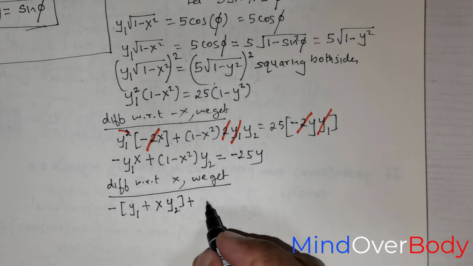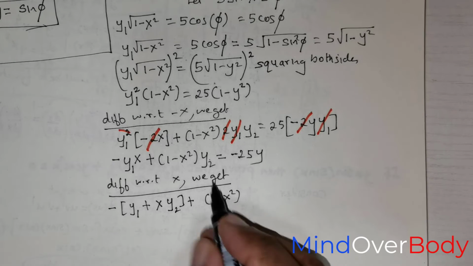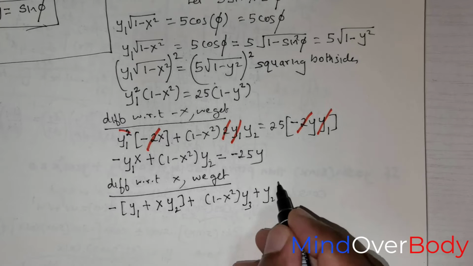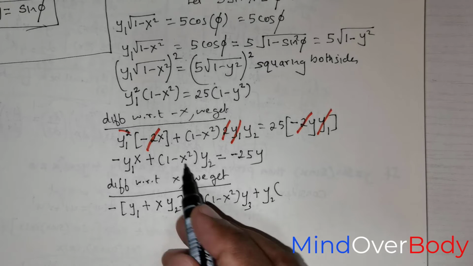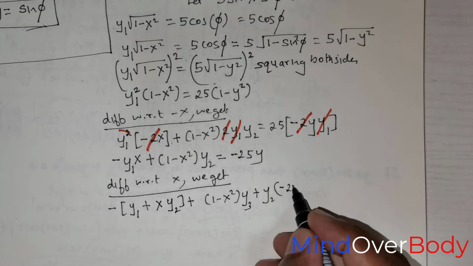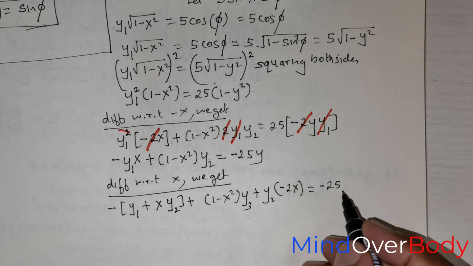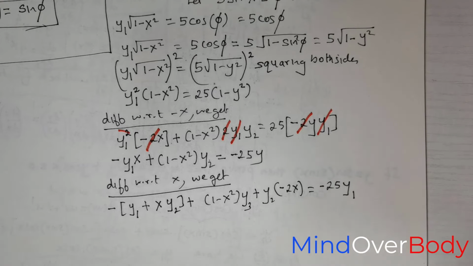This is uv, so it's going to be 1 minus x squared, differentiation of y2 is going to be y3, followed by y2 times differentiation of 1 minus x squared would give me negative 2x, is equal to negative 25 times differentiation of y, which is going to be y1.